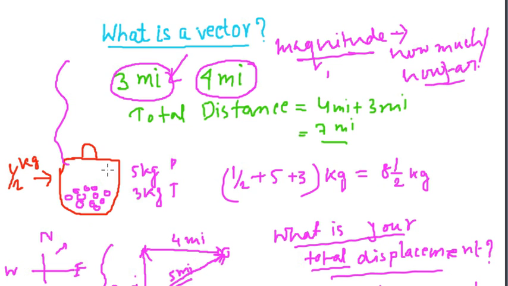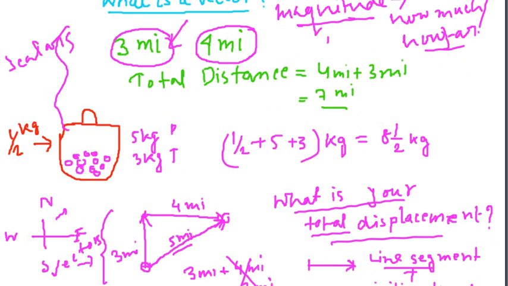So these quantities are different. They are scalars and these are vectors. They are different in two aspects. First, in the case of scalar quantities we are not interested in their direction, and in the case of vector quantities we are interested in their directions.